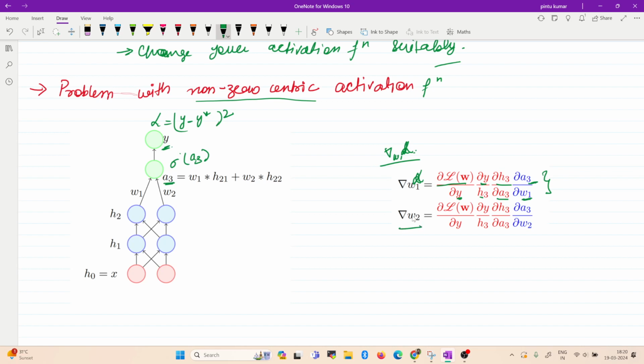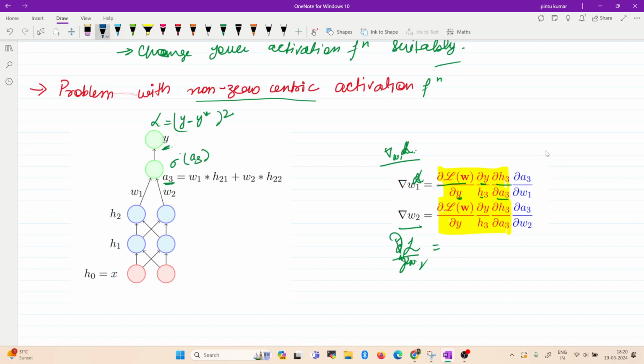Similarly, you can find the gradient of your loss function with respect to W2. If you observe these two equations, the first three terms are the same in both, and the only difference is in the last term.